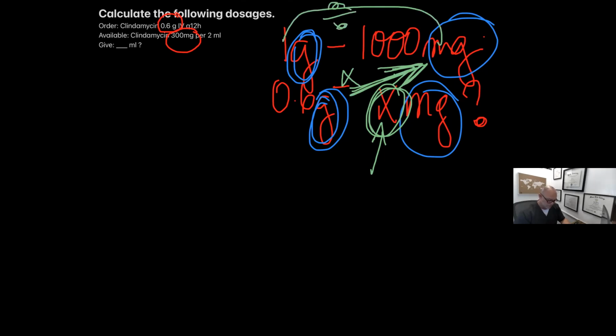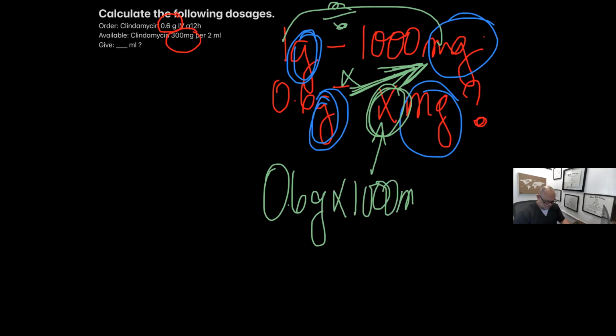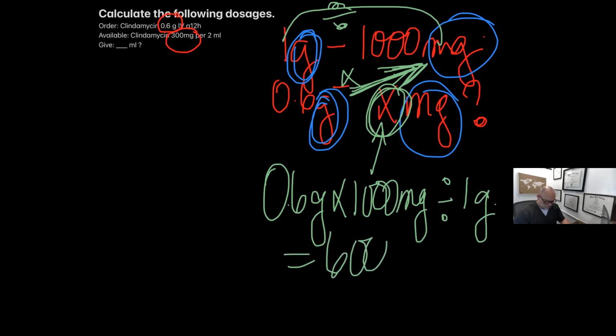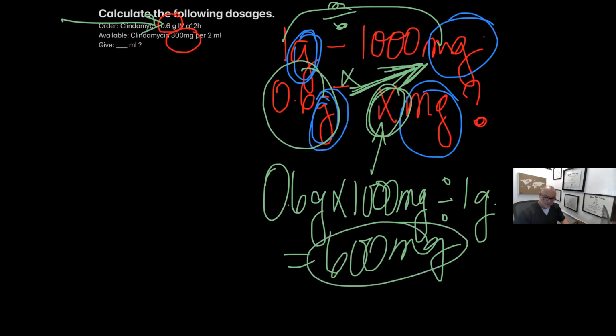In other words, 0.6 grams times 1,000 milligrams divided by 1 gram, and that is going to be equal to 600 milligrams. So now you no longer have 0.6 grams. Now 0.6 grams is the same as 600 milligrams.